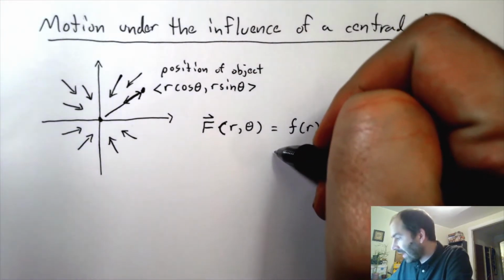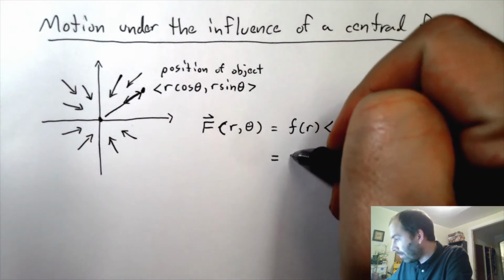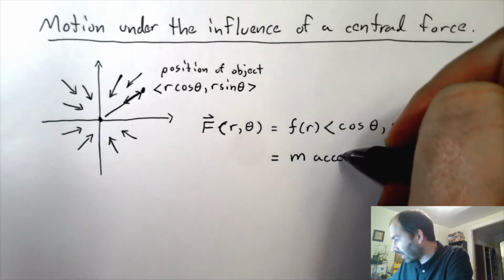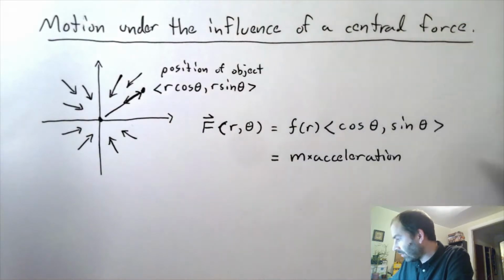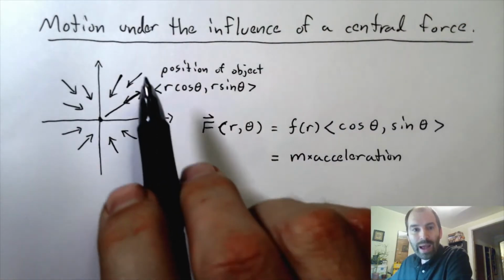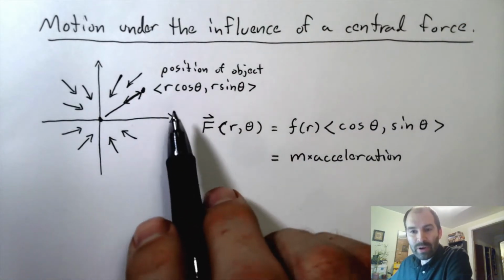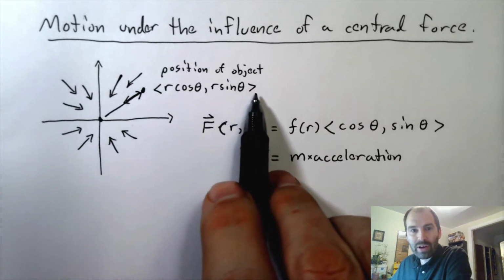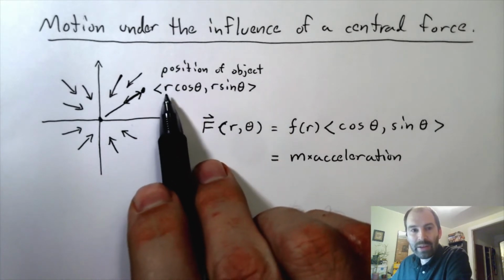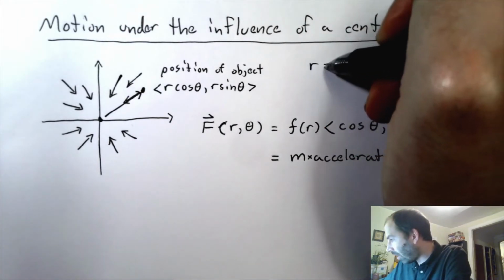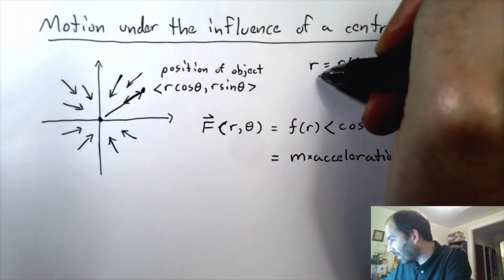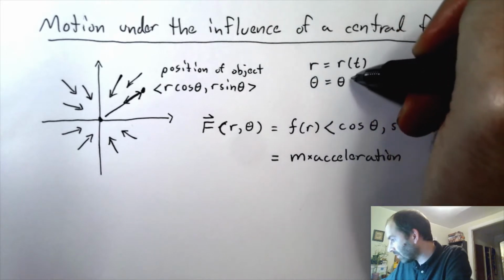So this has to equal the mass times acceleration of the object. When I'm talking about acceleration, I'm talking about the second derivative of this with respect to time, thinking of r and theta as functions of time, right? So r is a function of time, and theta is a function of time.